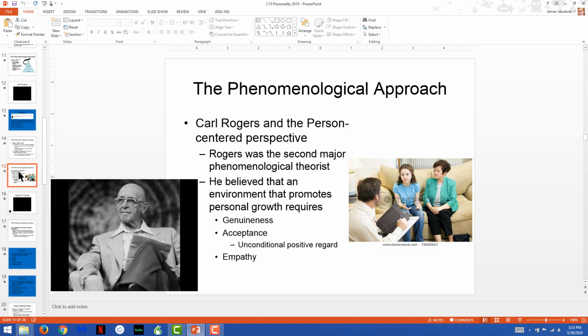Maslow made this article, didn't really publish on it much after that, and passed away nearly a decade later. Obviously, he's not contributing much to the advancement of it. Rogers kind of takes the baton and is the primary person that brings the idea of the phenomenological approach into the future. Now, keep this in mind.